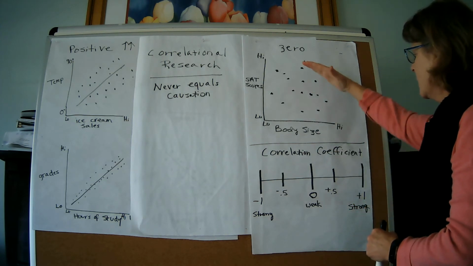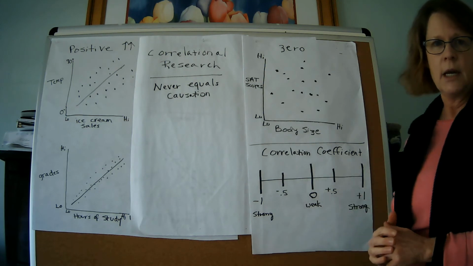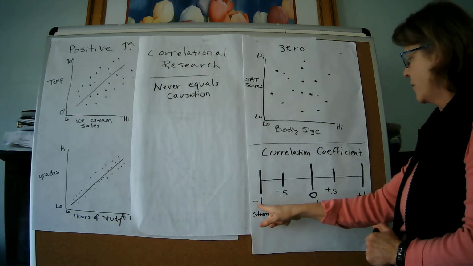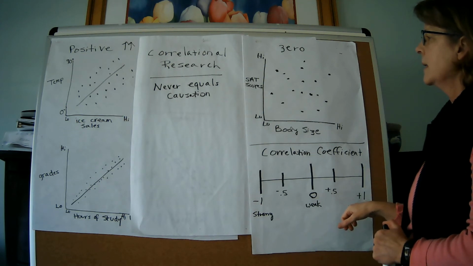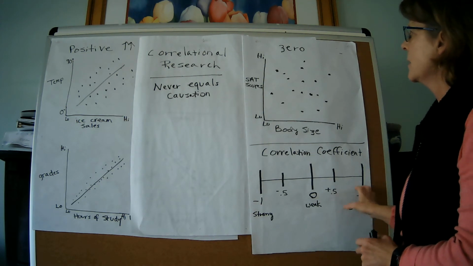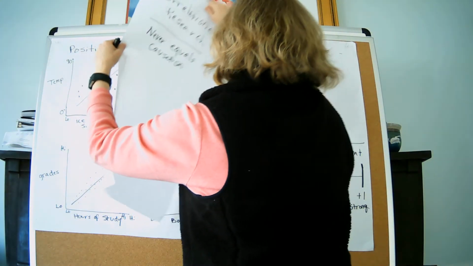Now, here's how we would read correlation coefficients. So they go from -1 to +1. Let me, before I do that, show you what a negative correlation looks like.